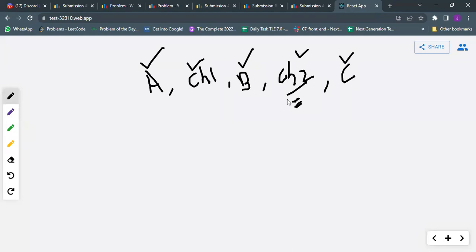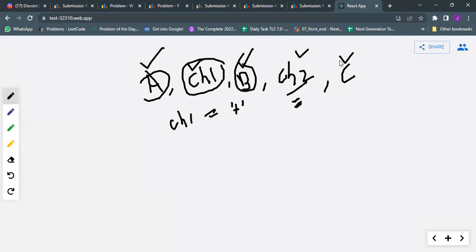So take input of all of them one by one, okay, and you will check according to the CH1 character. So let's say if CH1 is equals to plus, okay, and in that, you have to check whether A plus B is equal to C or not. If it is equal, then print yes, okay, and otherwise print A plus B, which will be the correct value of the expression A plus B, okay.